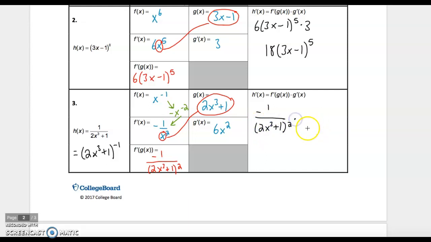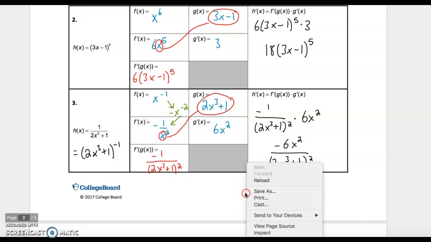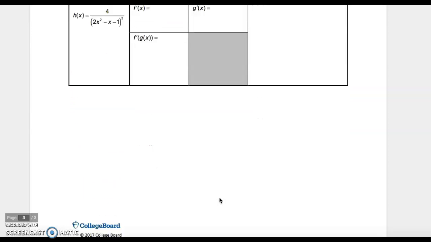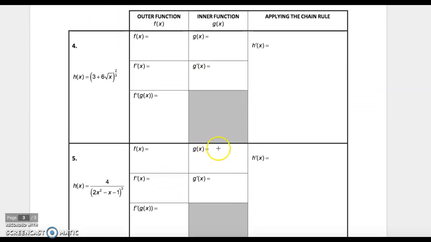Then we have to multiply by the derivative of the inside, which is 6x squared. So negative 6x squared over 2x cubed plus 1 squared. Wonderful. All right, it looks like we got 2 more examples, and then we'll be done with this video, and you'll have plenty of chain rules to be looking at for examples.